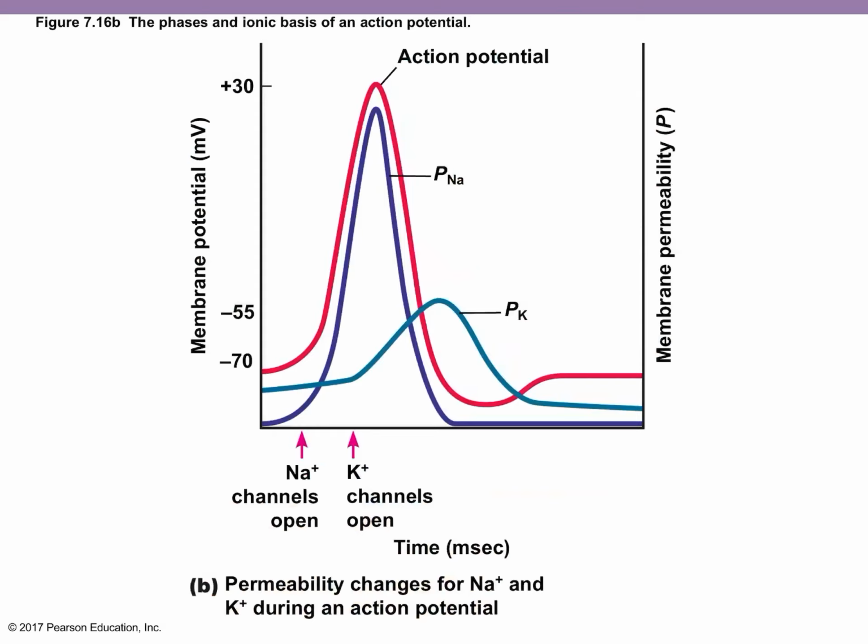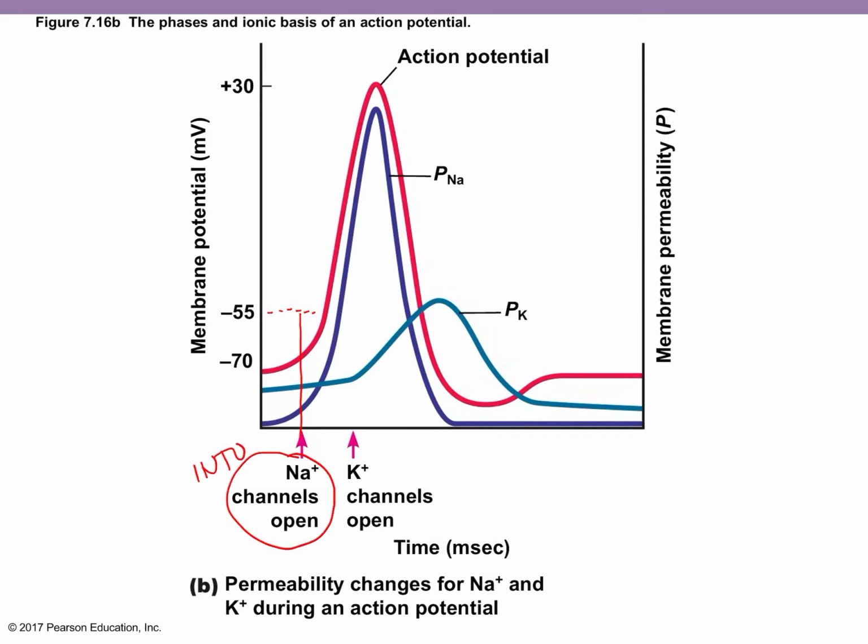All right, so let's just take a look at what's going on with the ions here. So we have these different events here, reaching threshold, right? So when we reach threshold, we are depolarizing the cell. When we reach threshold at -55 millivolts, the sodium channels will open, and sodium is going to flood into our cells.